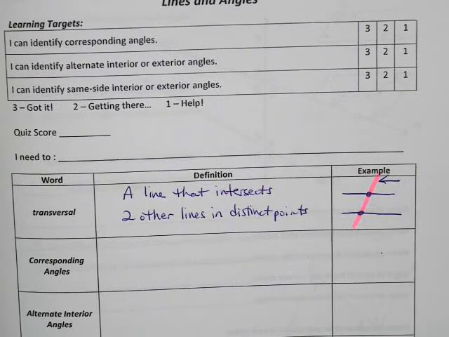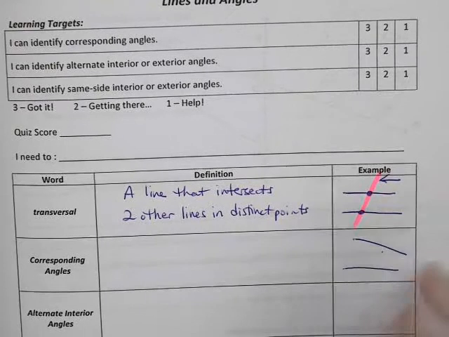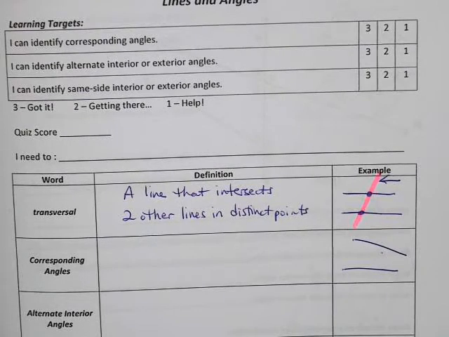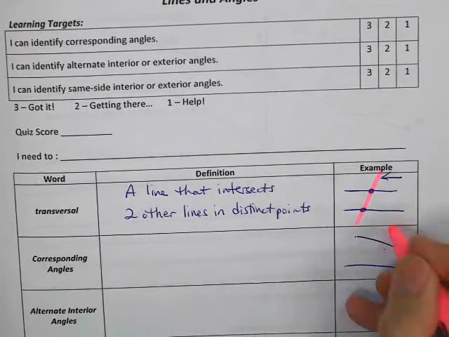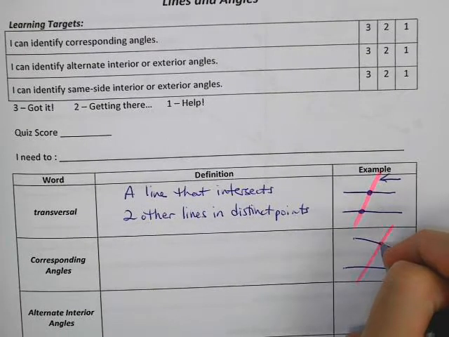All right, so the first pair of angles we're going to talk about have to do with two lines and a transversal, and they're called corresponding angles. So let's look at a picture first. Let's have two lines. Let's put the transversal in. I'll put it in color. All right, let's draw it like that. So here's the 2 points of intersection.